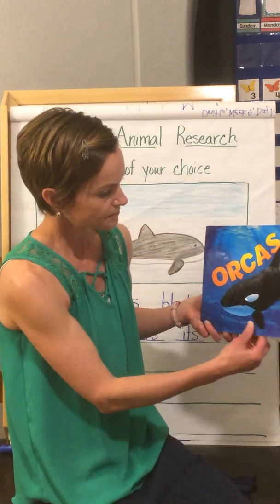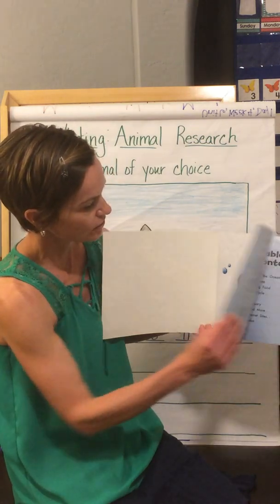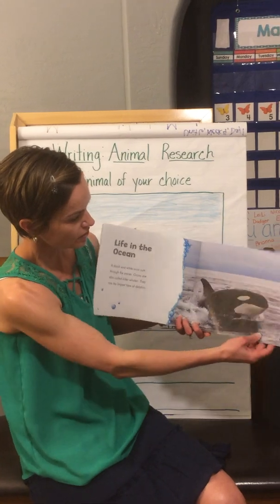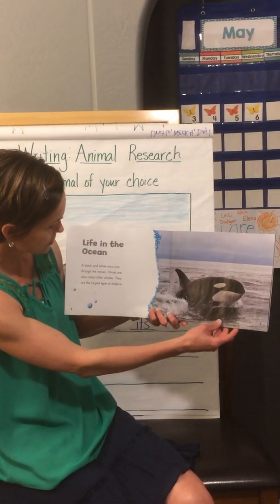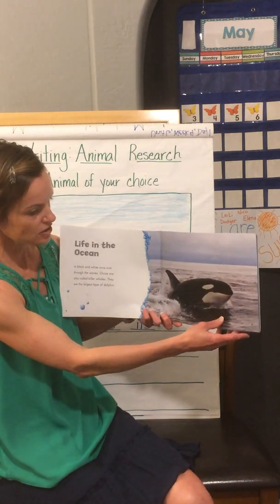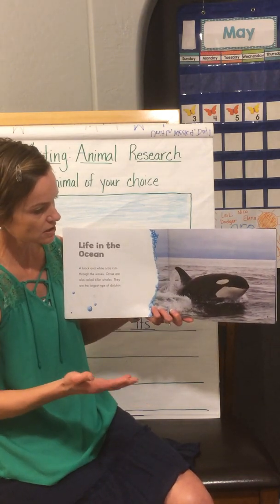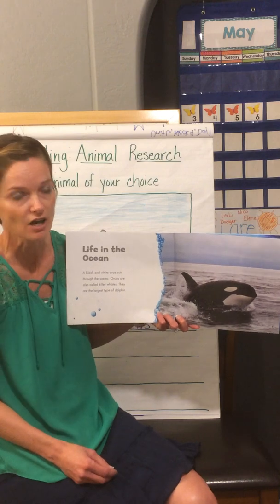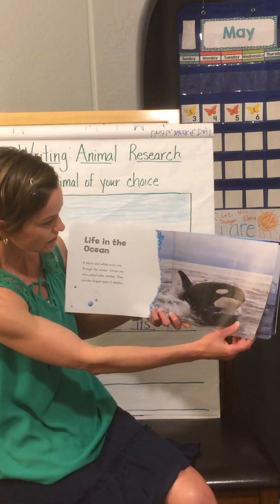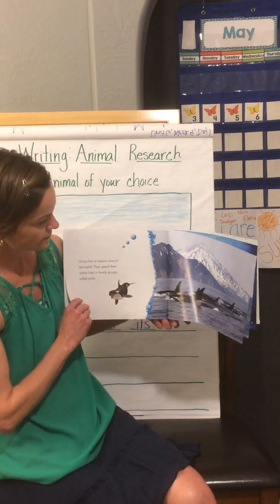I can look at my book again and think about some other things that I might want to write about. I wrote that they are black and white, and that their black and white color is their camouflage. So I want to think of something else that I could write about orcas.